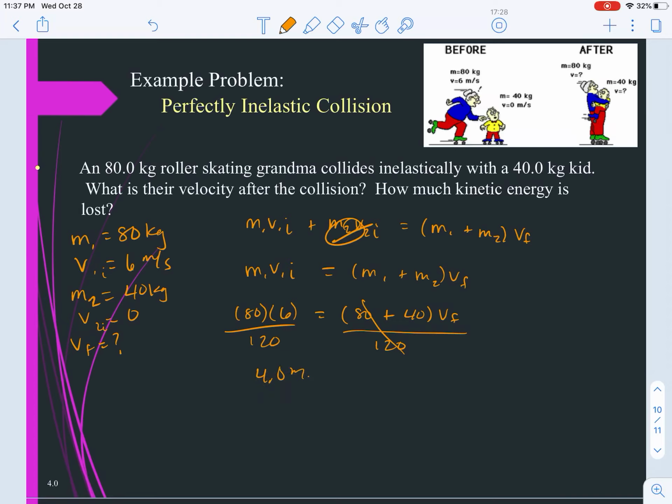When we finish this calculation, we get 4.0 meters per second, and this is going to represent the final velocity of my joined grandma and the kid.